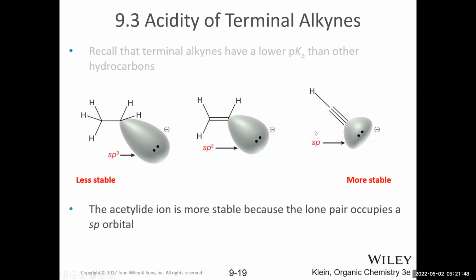And remember that the sp hybridized orbital has 50% s character. As a result, it's more spherical, and the electrons are held closer to the nucleus of the carbon and are therefore more stable. So the more stable the conjugate base, the more acidic the acid will be.